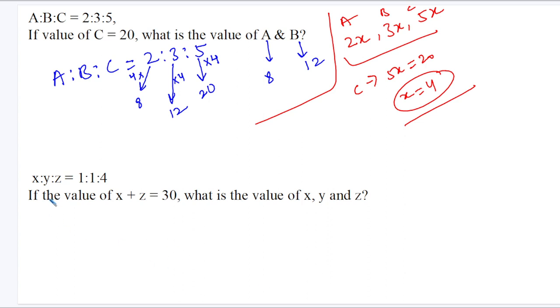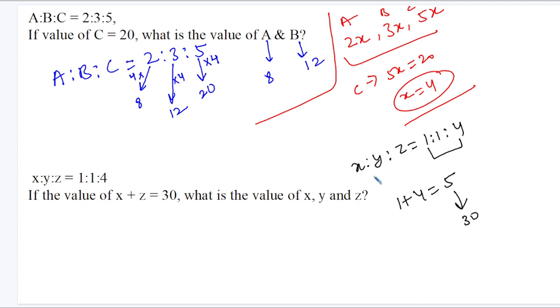Moving to the next one, the x is to y is to z ratio is given as 1 is to 1 is to 4. Now, the sum of x and z is 30. The sum of x and z, that is 1 plus 4, means something that is represented as 5 in the ratio is actually 30.